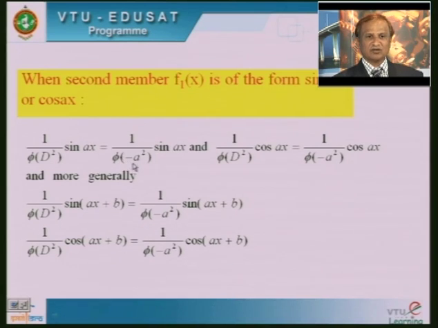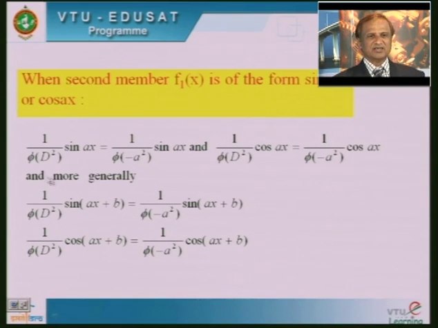Remember, it is not minus a whole square, because both are not equal. Minus times a square is not equal to minus a whole square. Both are different. That is why the method says that we want to replace D square by minus times a square. I hope we will get a negative number in this case.